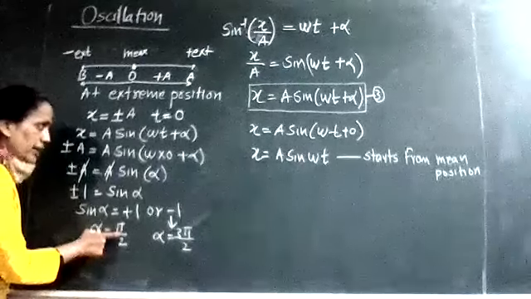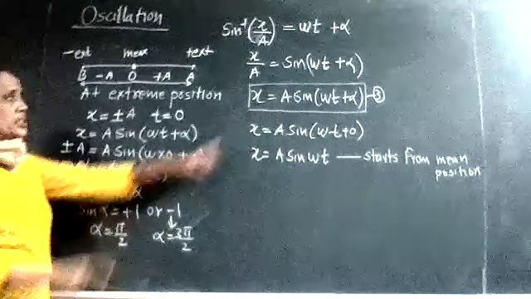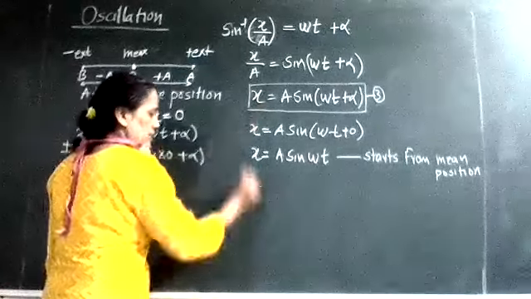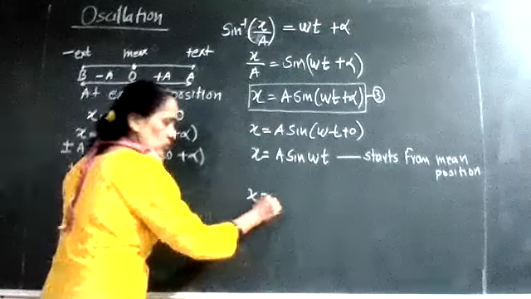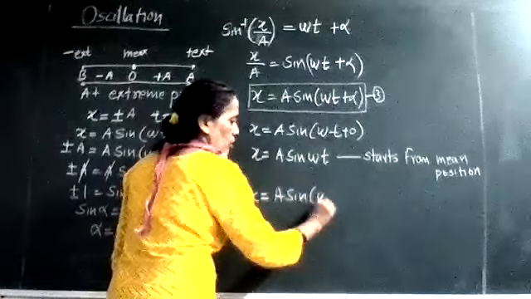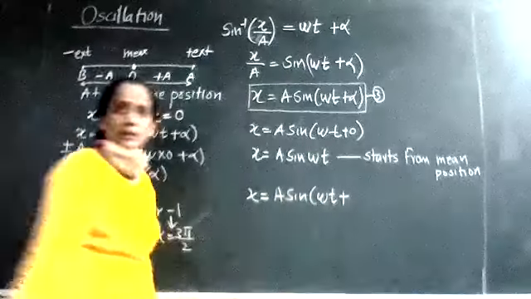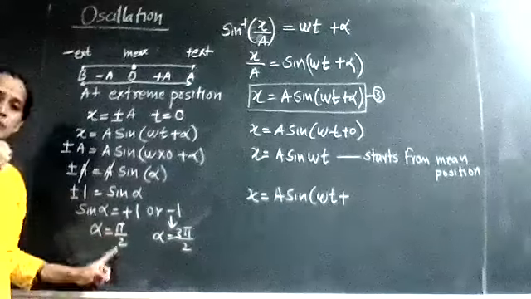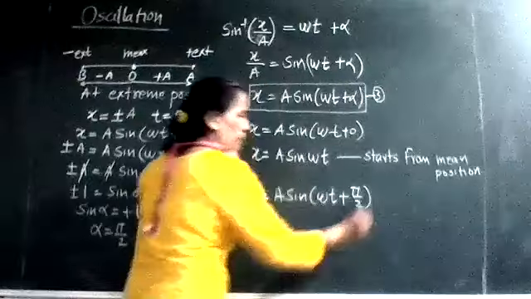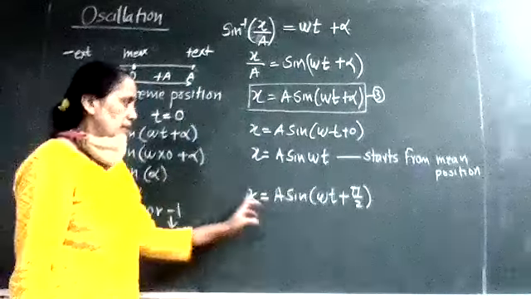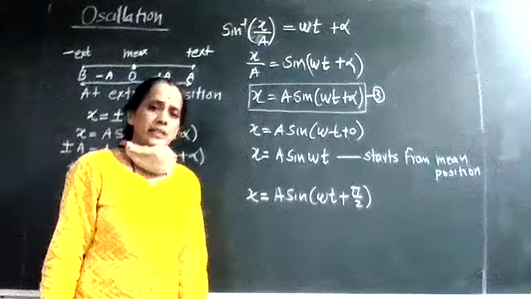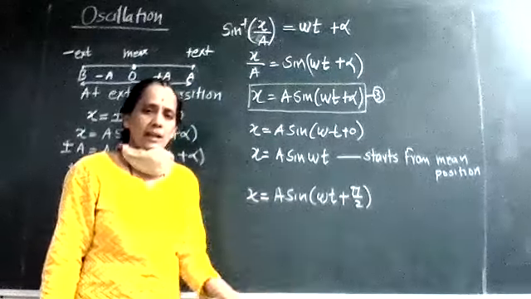So that value of alpha, I can put into this displacement equation. Now when my particle is at extreme position, the equation will become x is equal to A sine of omega t plus alpha, where the alpha value must be pi by 2. Now omega t plus pi by 2. Pi by 2 means 90, so any angle plus 90.